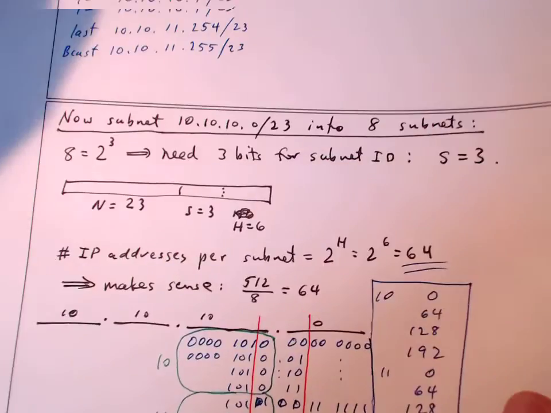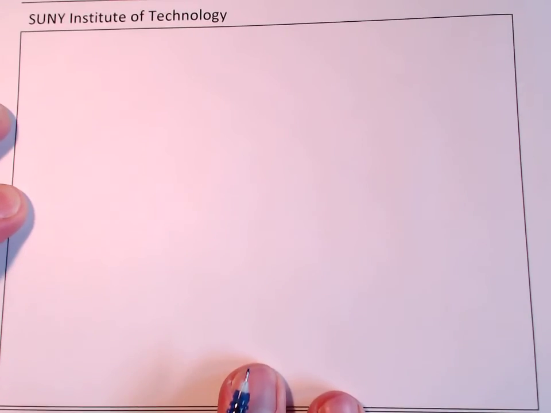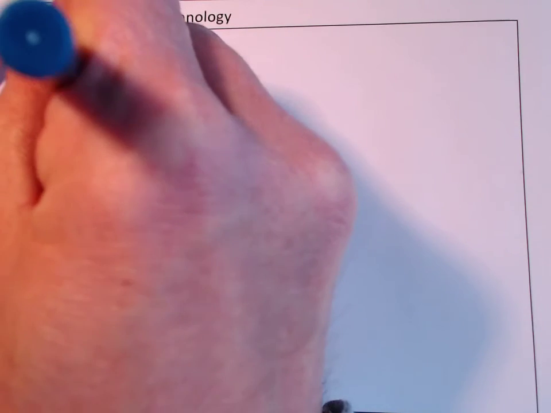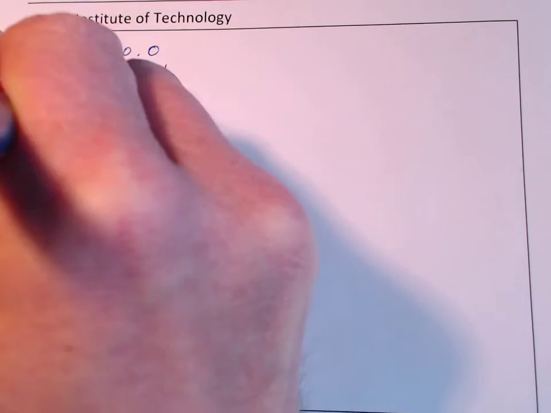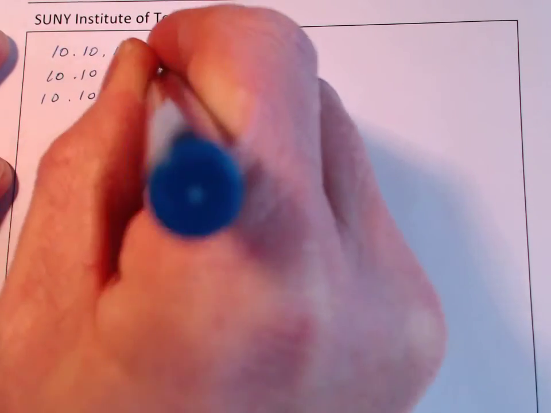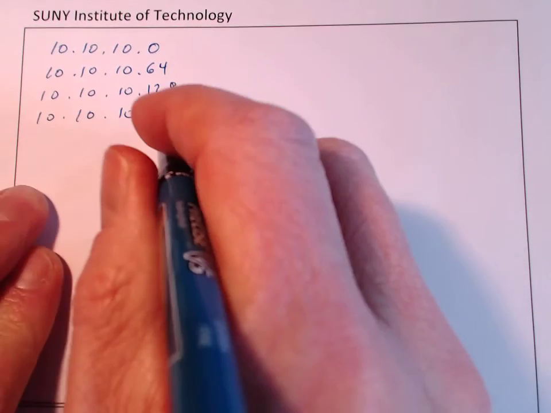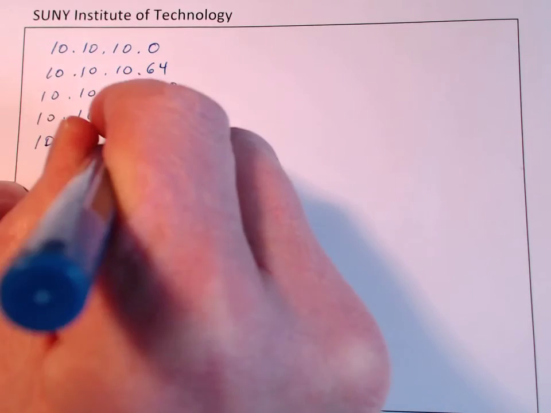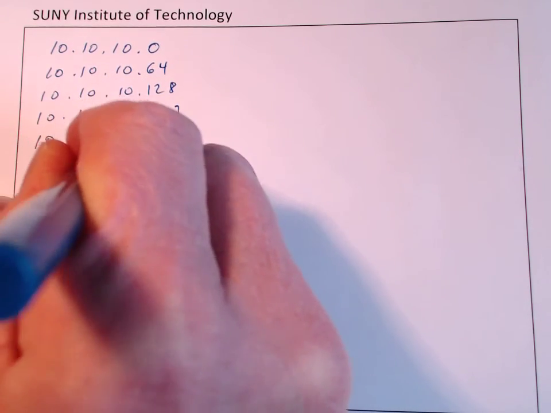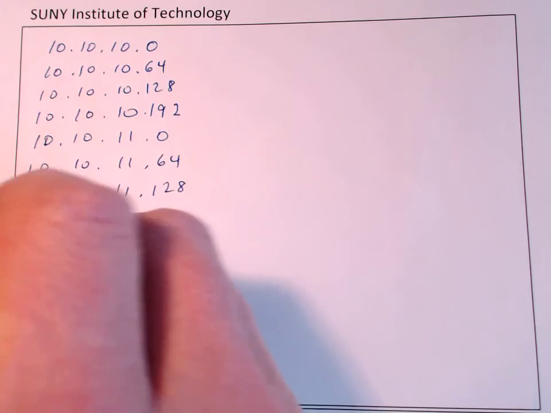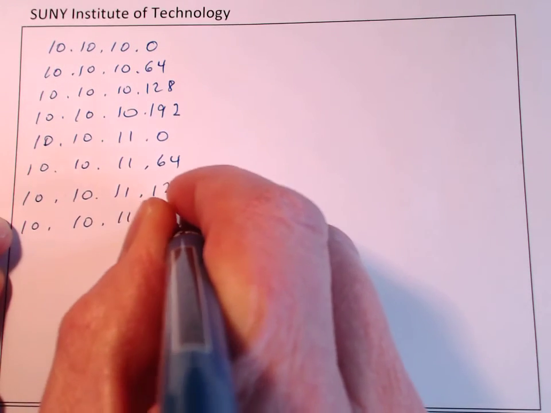Okay, so finally, I'm just going to write these things down like this: 10.10.10.0, 10.10.10.64, 10.10.10.128, 10.10.10.192, and then 10.10.11.0, 10.10.11.64, 10.10.11.128, 10.10.11.192.